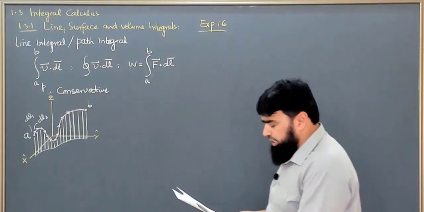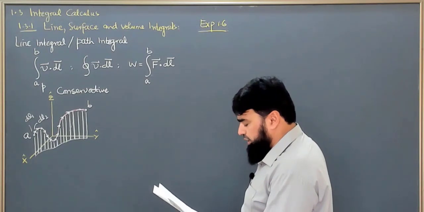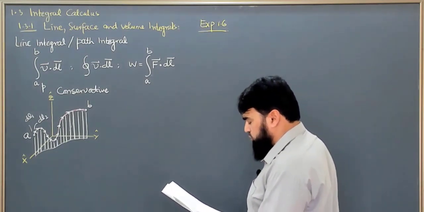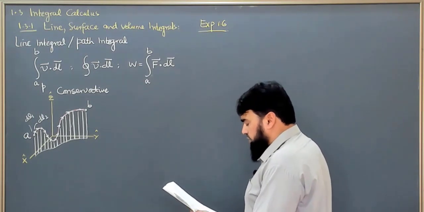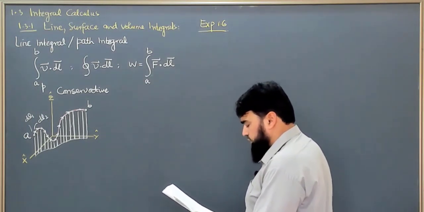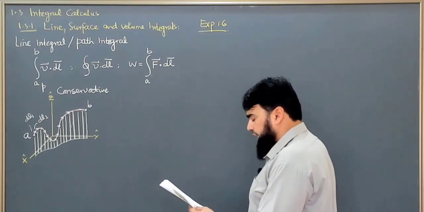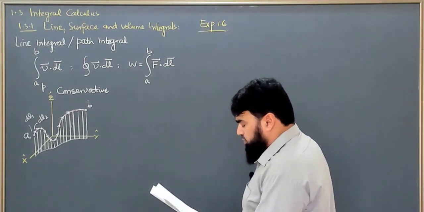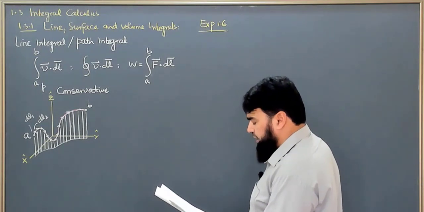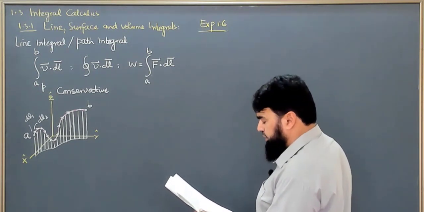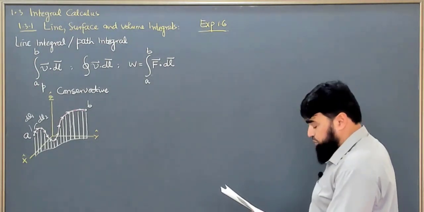Calculate the line integral of the function v equal y squared in the x direction plus 2x times (y plus 1) in the y direction, from the point A (1,1,0) to point B (2,2,0), along the paths 1 and 2 shown in the figure. What is the closed loop integral of v dot dl for the loop that goes from A to B along path 1 and returns to A along path 2?